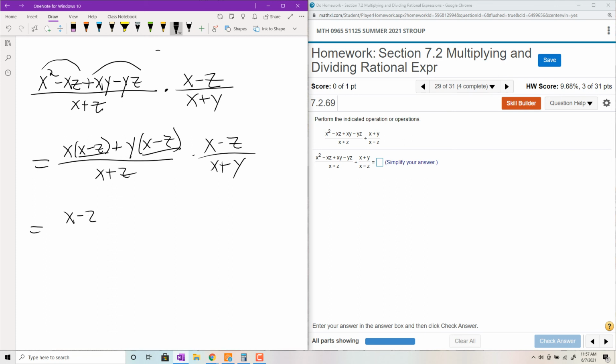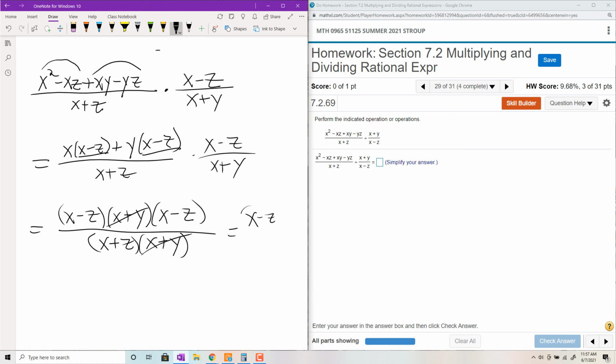So I have x minus z times x plus y, and then from the other fraction there will be a factor of x minus z. And then downstairs I have x plus z, and then from the other fraction x plus y. And it looks like the x plus y's are going, and you'll be left with x minus z times x minus z, or x minus z squared if you'd rather, all over x plus z.